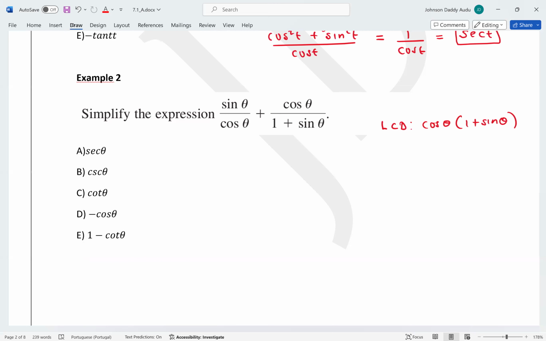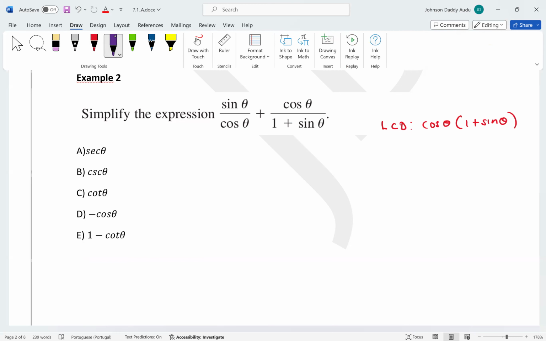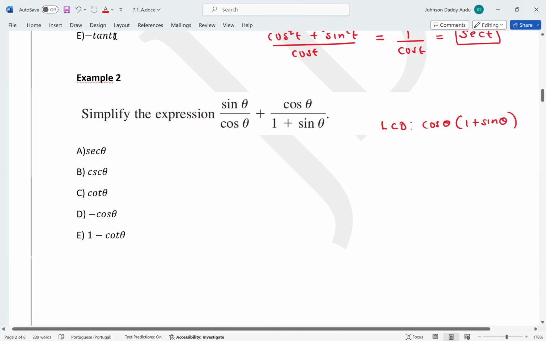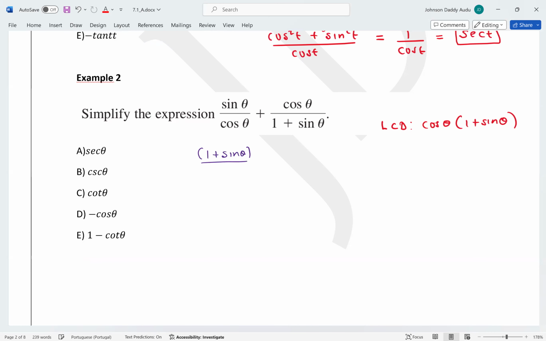So we can try to make that arrangement here. And we can achieve that by multiplying this by 1 plus sine theta over 1 plus sine theta, right? And also here, we can multiply the term by cos theta over cos theta.